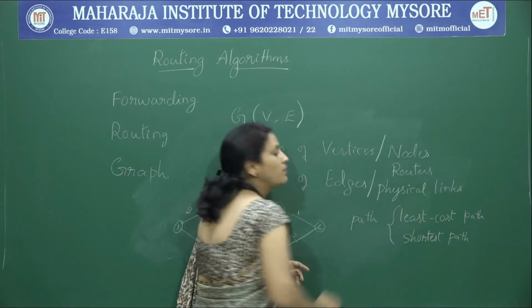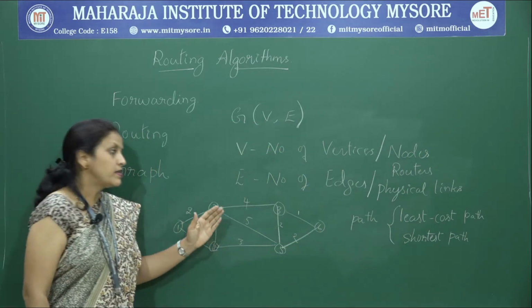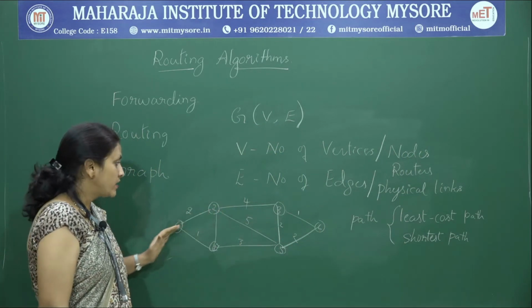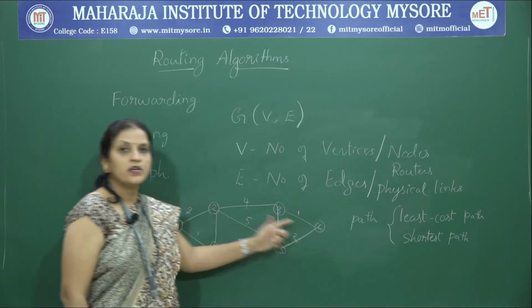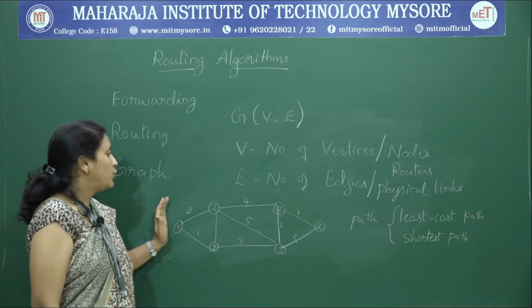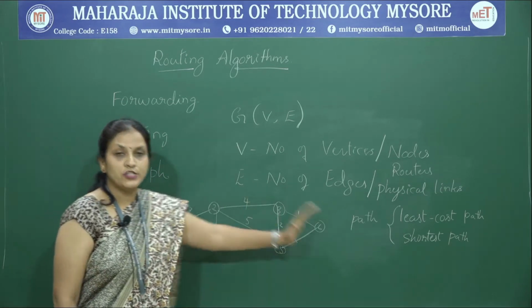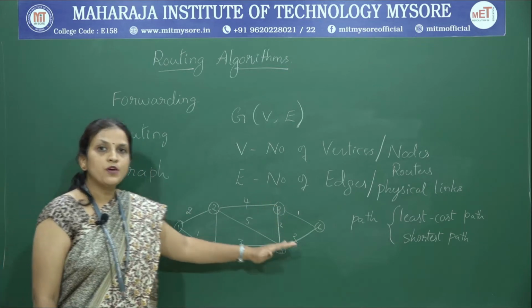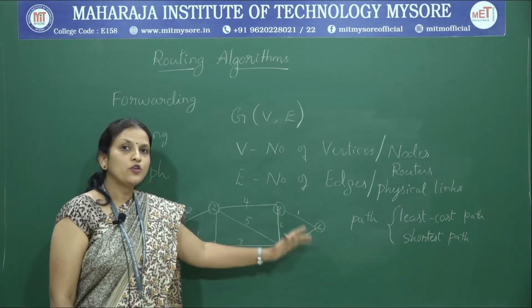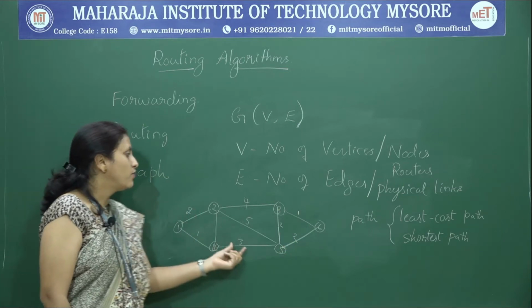Okay, what do we mean by least cost path? It is a path which contains the nodes or the route through which our packet needs to traverse from source to destination with the minimum cost. How is the minimum cost going to be calculated? It is going to be calculated with the help of these weights.